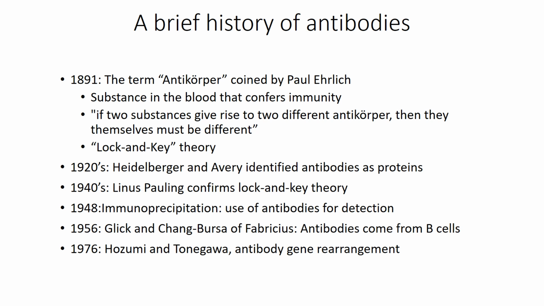Later, in the 1920s, Heidelberger and Avery identified these antibodies as proteins, and Linus Pauling confirmed the lock and key theory. We went over these briefly during our history discussion. Then in 1948, immunoprecipitation was identified as a method for antibody detection, in 1956 antibodies were identified as coming from B cells, and in 1976 gene rearrangements were discovered in antibodies.